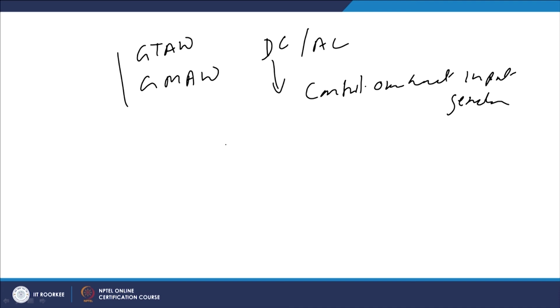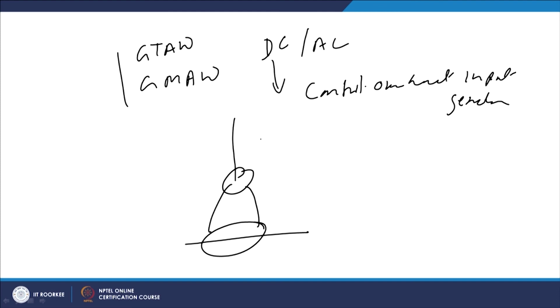When we use AC, the heat generation at both the ends is equal, while in case of DC, we can select the polarity suitably, like the electrode can be made negative, or the workpiece can be made positive, or the reverse is also possible.